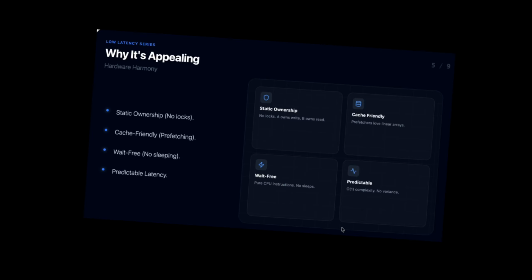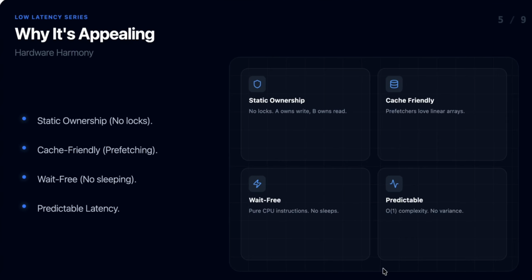So why do people go out of their way to design systems around SPSC queues, and why is it so appealing? The short answer is that SPSC queues align extremely well with both hardware and system architecture. First of all, ownership is static. The producer owns the tail index and the consumer owns the head index. There is no competition over who gets to update what. The queue can make progress using simple loads and stores.